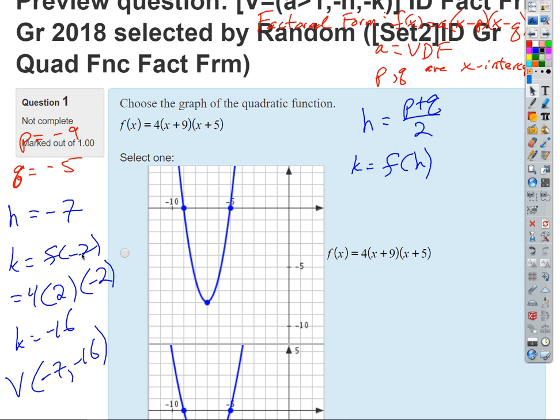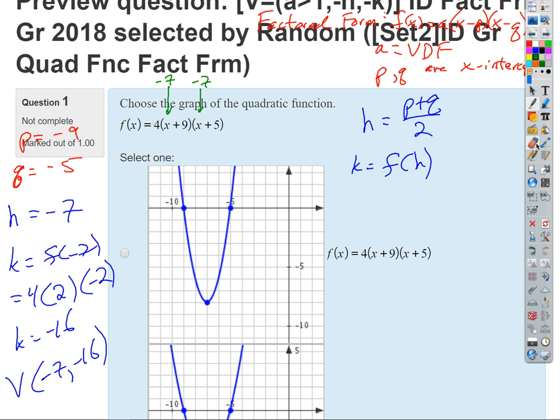So we're going to plug -7 into the function, which just means that this is going to be -7, and that's going to be -7, right? That's all we're doing. Let me rewrite that.